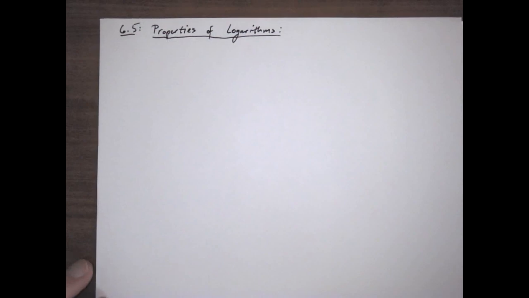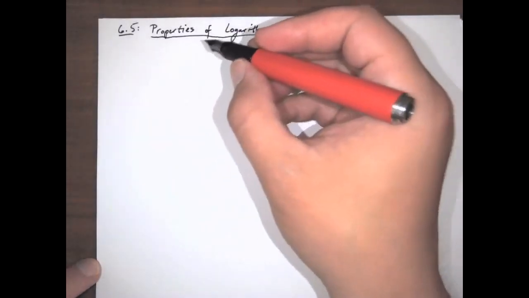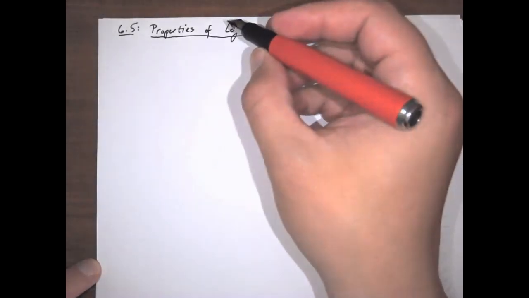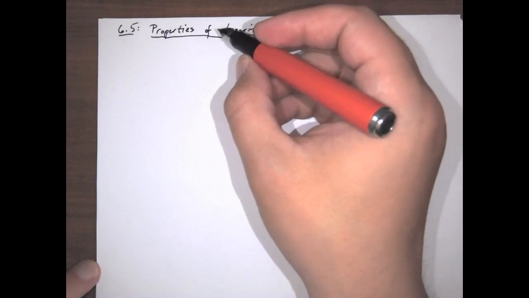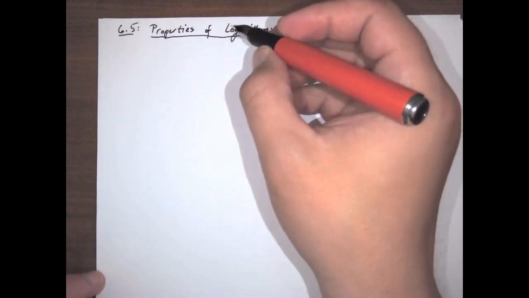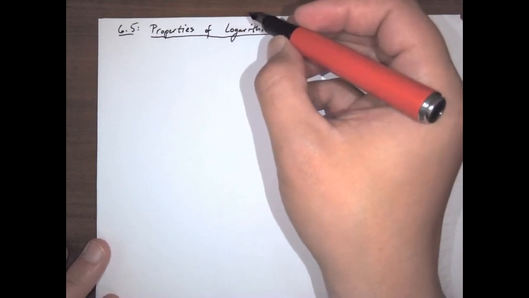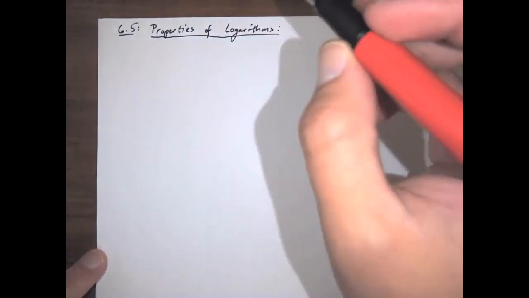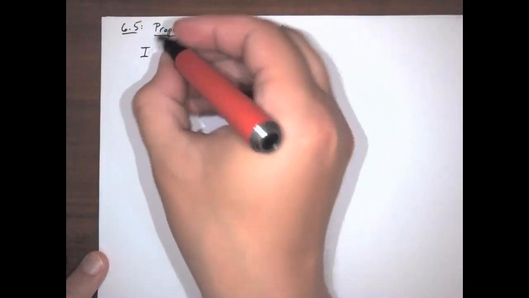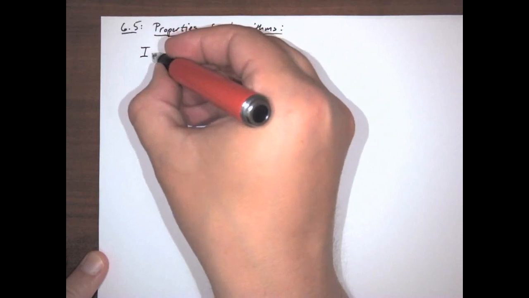For centuries, the main use of logarithms in the actual practical world was because of these properties. They were used to calculate things like multiplication, division, square roots, other kinds of roots, powers, things like that. So this is what logarithms were actually originally designed for, and that's how things like the slide rule work. But for us, we're just going to look at a few properties, and we're going to discuss it mostly from an algebraic side.